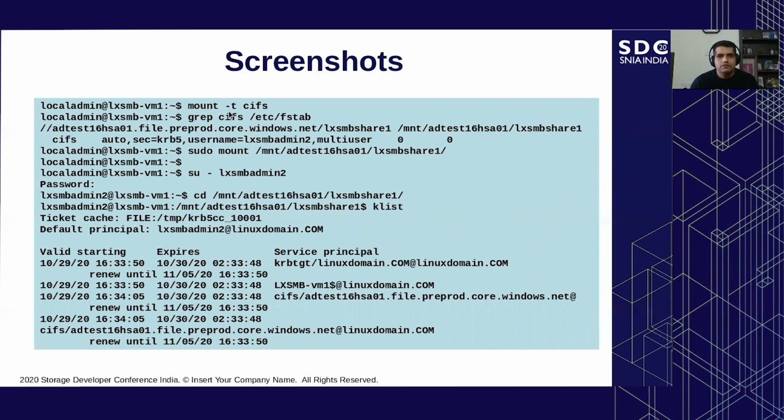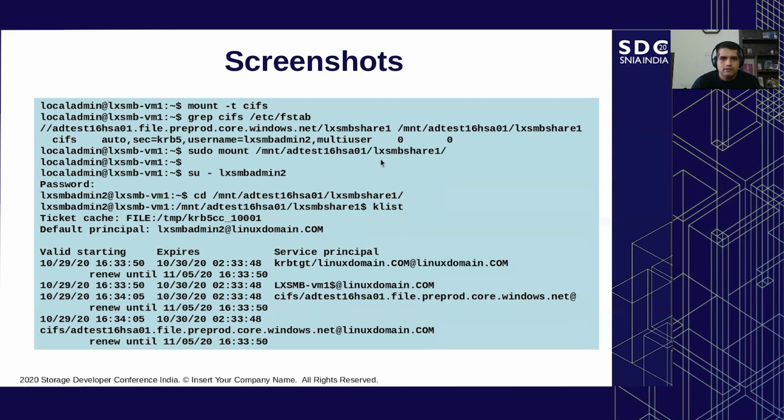Here are some screenshots again. What I've shown here is an fstab entry which mounts an Azure file share, LX SMB share 1, on a mount point using the options sec=krb5, username as lxsmbadmin2, and the multiuser mount option in order to allow multiple users to access this mount. Next, I perform the mount.